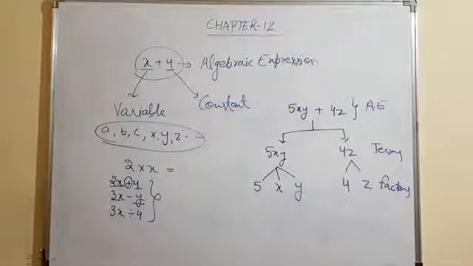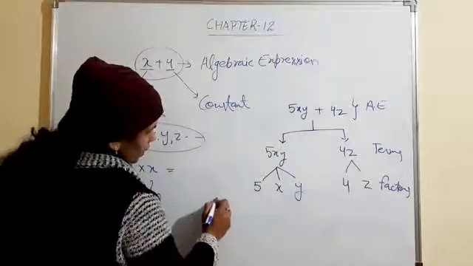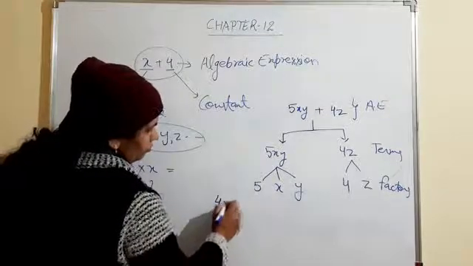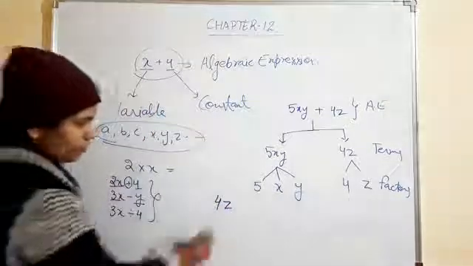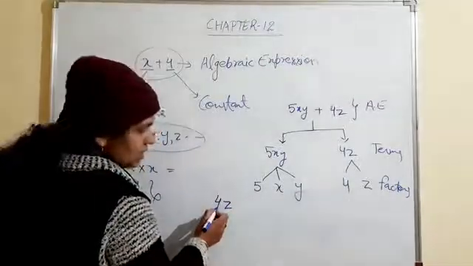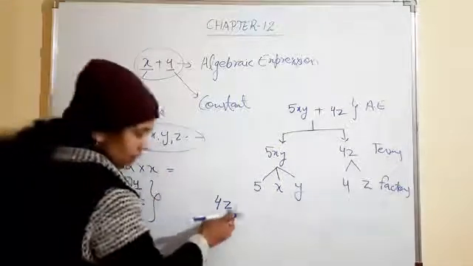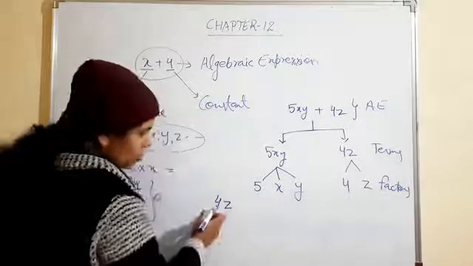Now next is the coefficient. What do you mean by coefficient? To understand the coefficient, again we have to consider a term. Suppose we have 4z. In this term, this number 4 is the example of a coefficient. Any number that we multiply with the variable, with its sign, is called a coefficient.